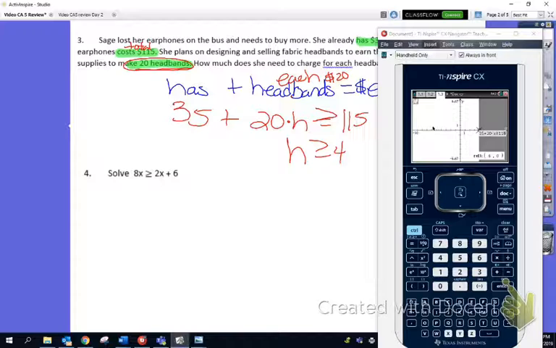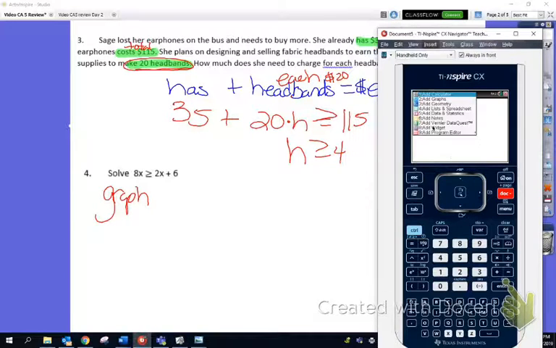Okay? And number 4, all you have to do is graph this one. Okay? So that's all you have to do is graph it. So control doc, go to 2, delete 6, and you've got 8x, control equal, and you've got greater than or equal to 2x plus 6, enter.